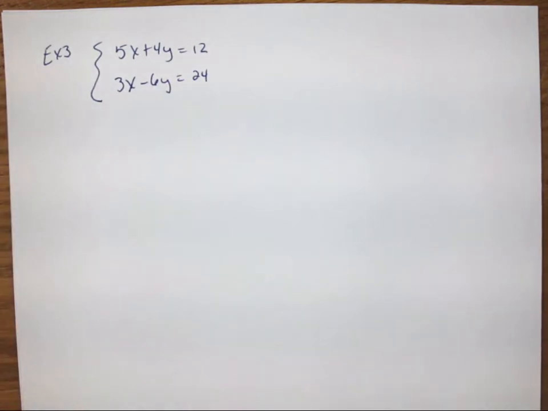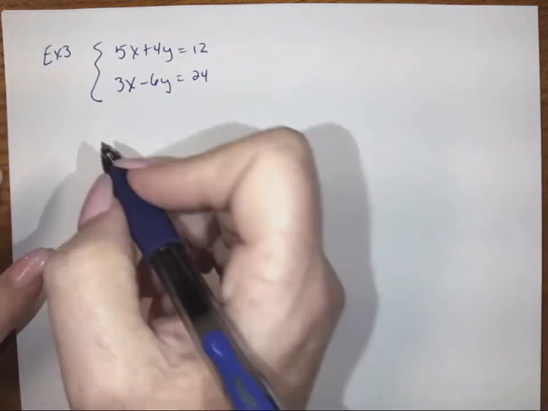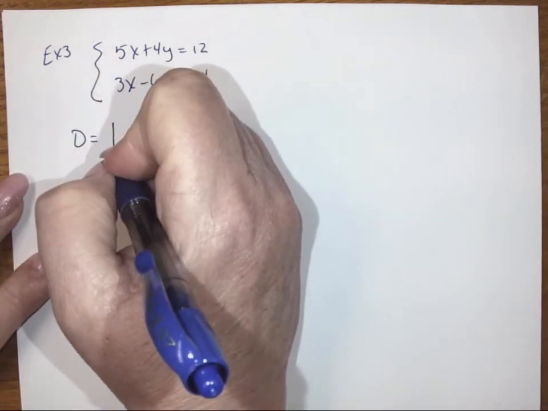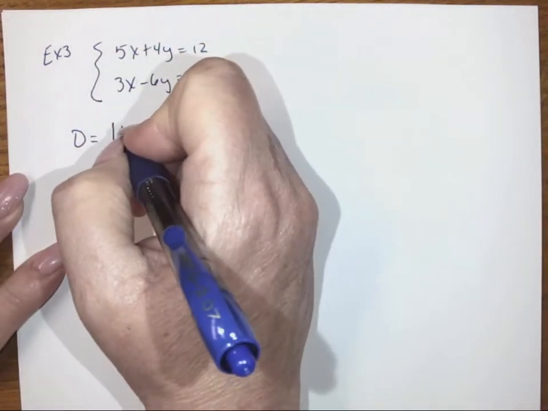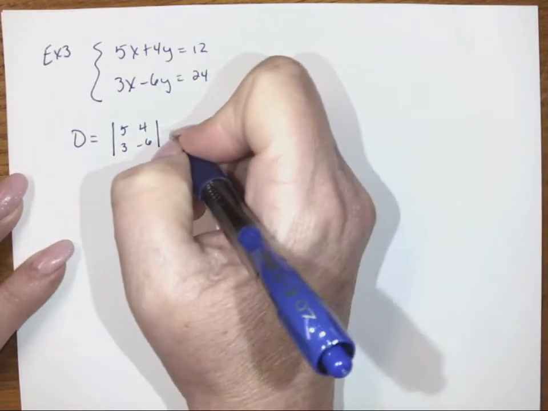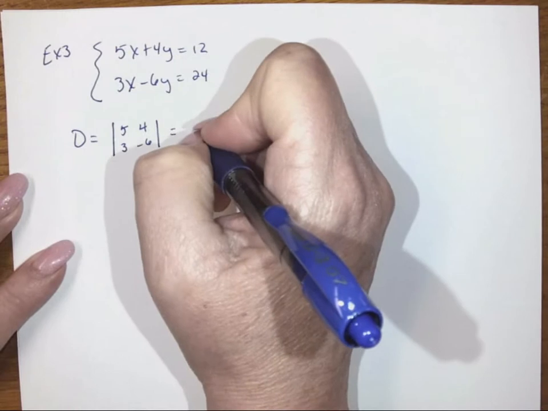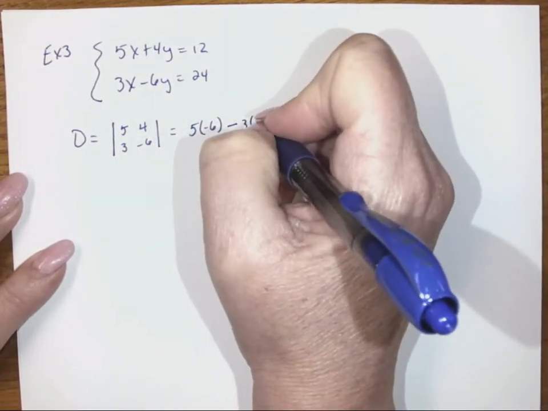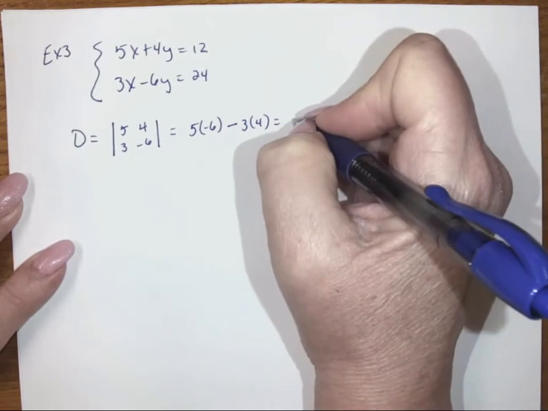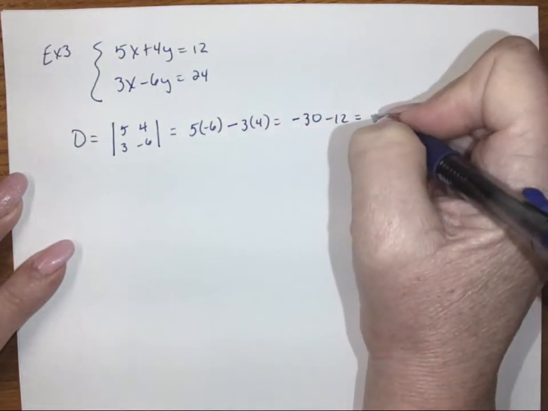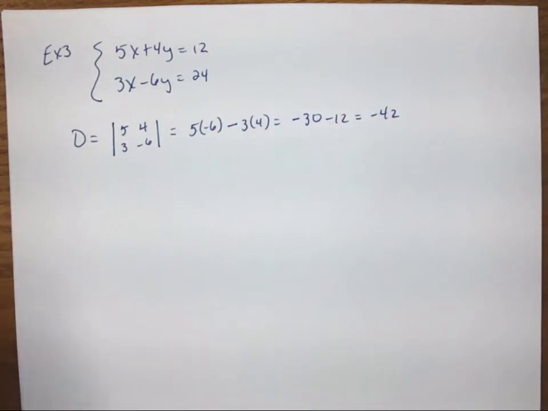So we need to find the d, the dx, and the dy. So our d will be starting out just like we did before. We'll have our 5, our 4, our 3, and our -6. So we have 5 times -6 minus 3 times 4. So that'll get us -30 minus 12, which will be -42.